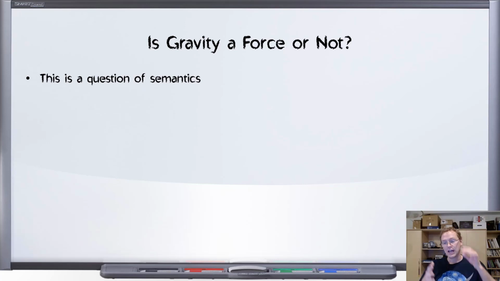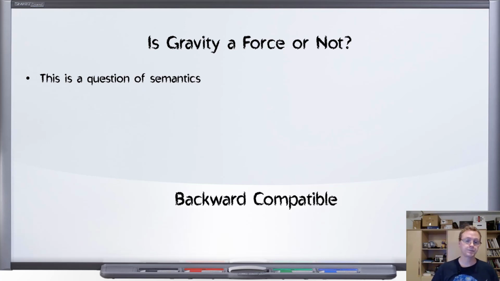You see, nature doesn't care what words we use to describe it. And that is the source of the confusion. The entire source of this whole confusion is when somebody told you that gravity is not a force under Einstein. Now, what that sounds like versus what that actually means can be two very different things. And that is what we're talking about right now.